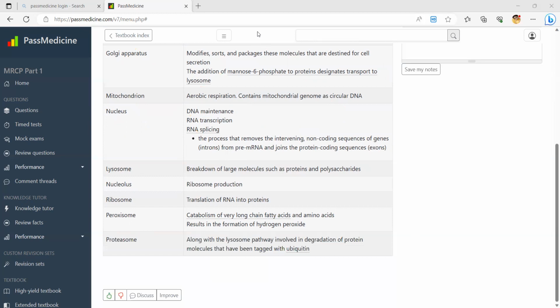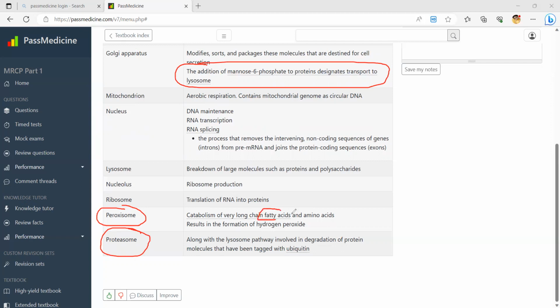After that, you need to know the relation with the Golgi apparatus; this one is very important from this box. And the function of the peroxisome and proteasome: sometimes you will get confused about which is related with which. Peroxisome will catabolize the long chain fatty acids and amino acids.